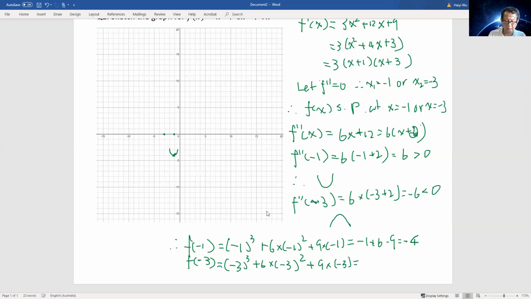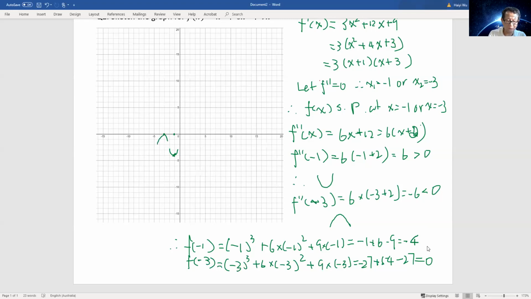So the answer will be -27 plus 54 minus 27. So that means this is equal to 0, isn't it? Therefore, the second point is at (-3, 0), which is here, but it has to be concave down.